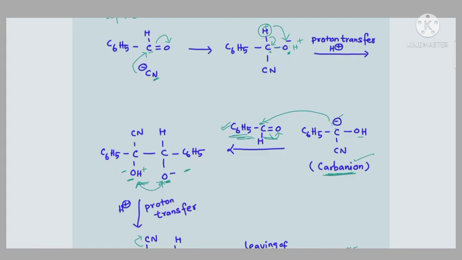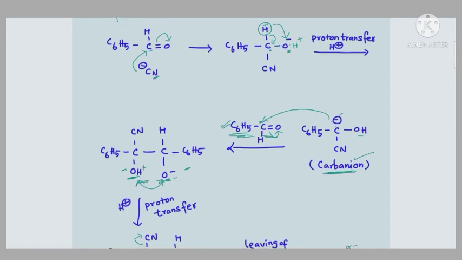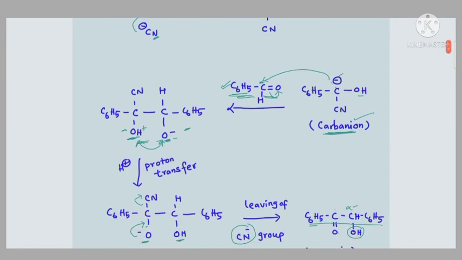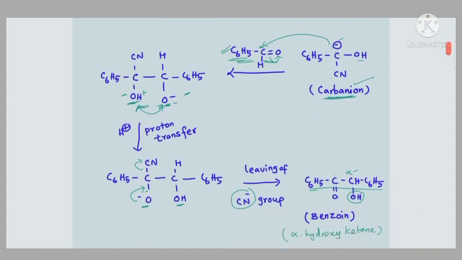Here you have OH and O minus in the lower branches. The hydrogen present in the OH group will be transferred as a proton to O minus, so that the OH oxygen gets a minus charge. That results in O minus, and the adjacent oxygen becomes an OH group. Then finally the CN group goes out as a leaving group, as CN minus ion.